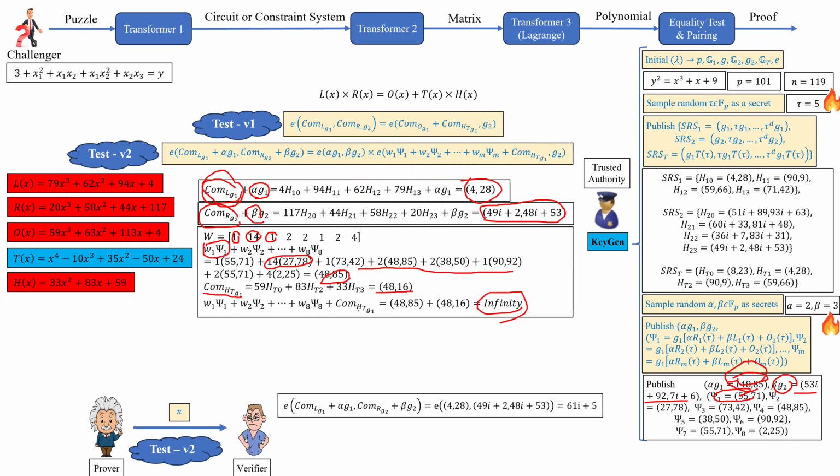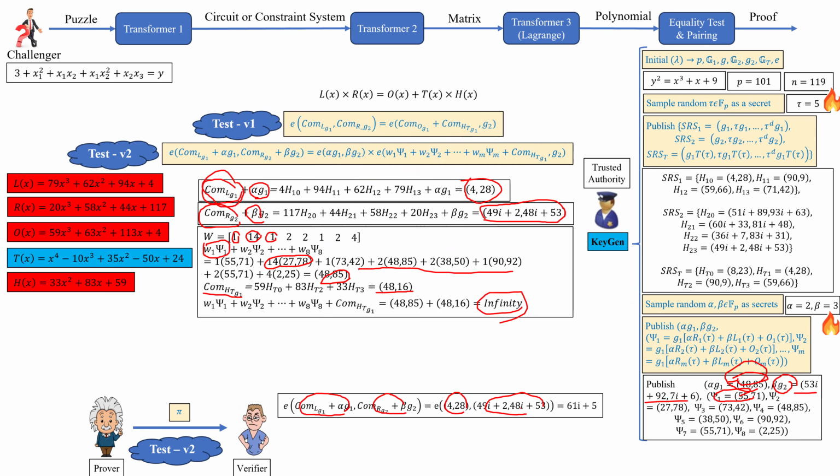Okay, so the first part is computing the pairing for the left side. These two values are computed by the prover and sent to the verifier. So this is the first part, and this is the second part.